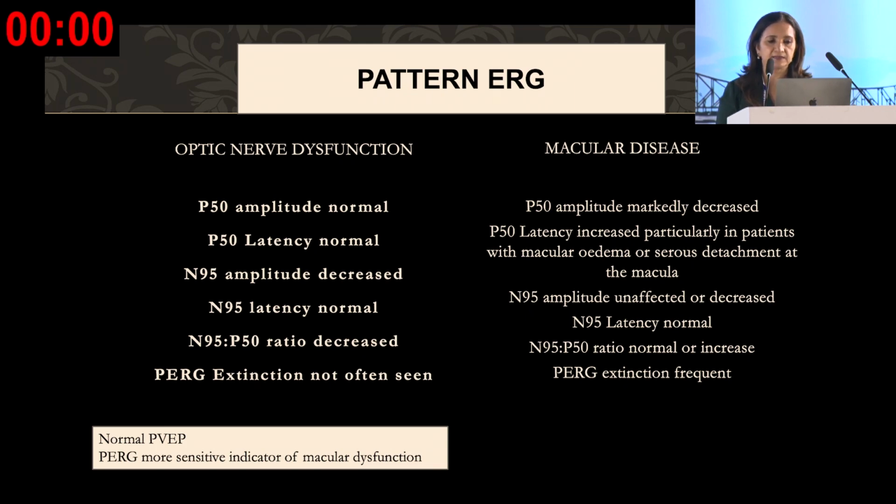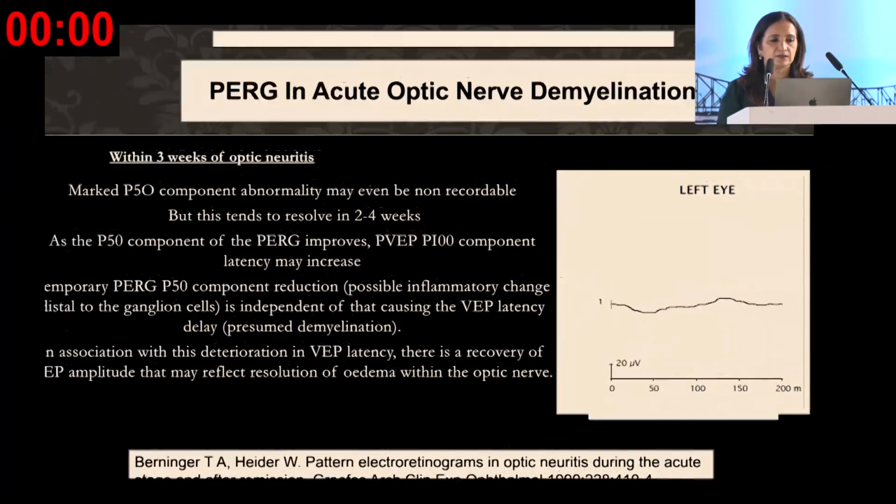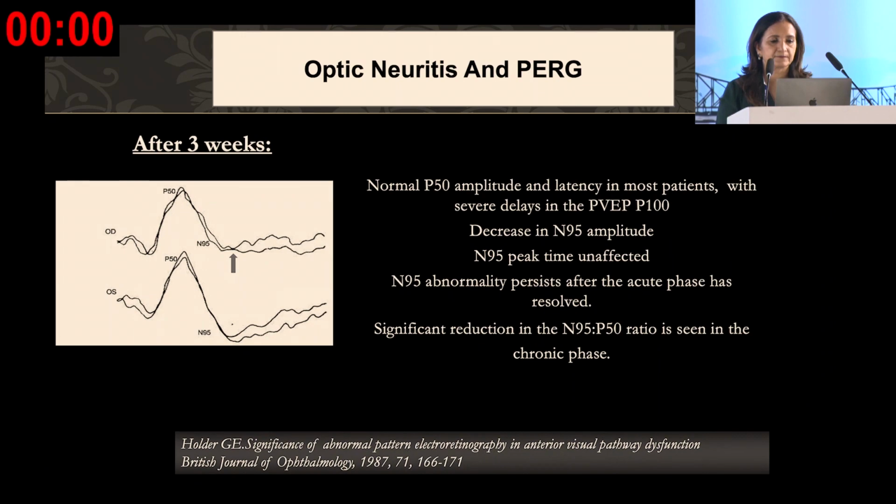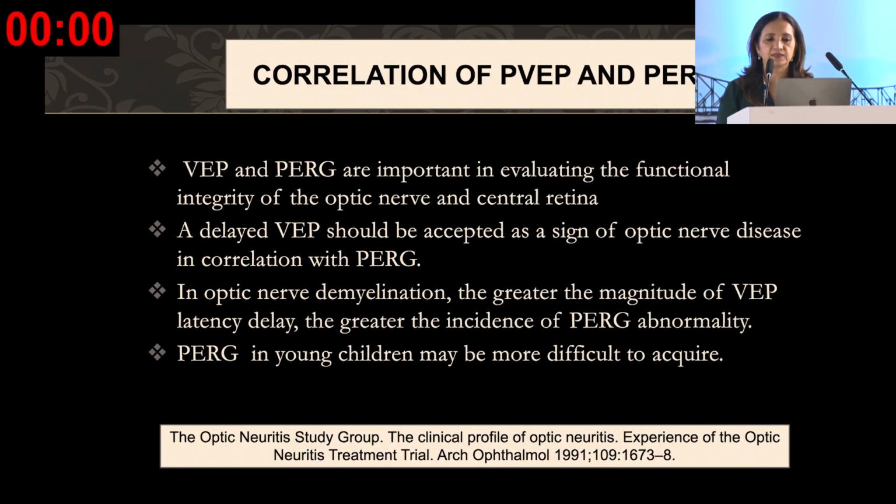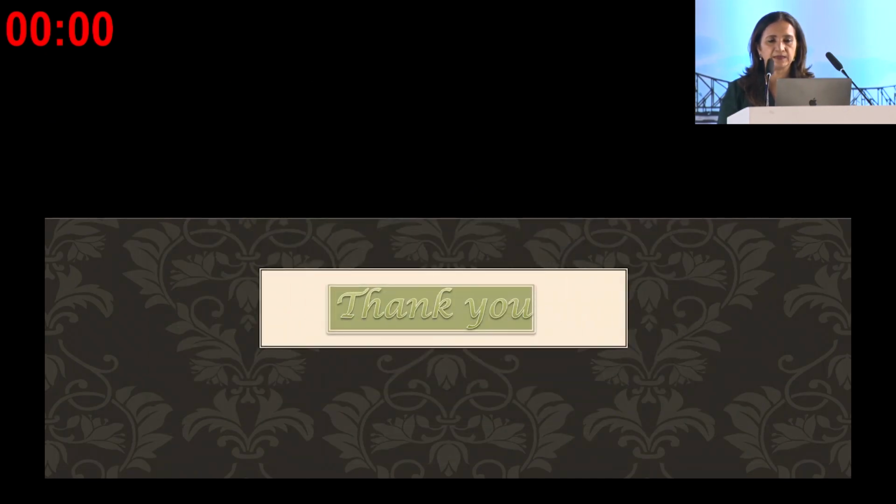In macular disease, it is decreased. P50 latency is normal in optic nerve dysfunction; in macular disease, it is delayed. N95 will be decreased in optic nerve dysfunction, and N95 will be normal in macular disease. So if you have a reduced pattern VEP with a reduced pattern P50, only then is it macular disease. These are a few examples of how you use it to correlate between pattern VEP and pattern ERG.